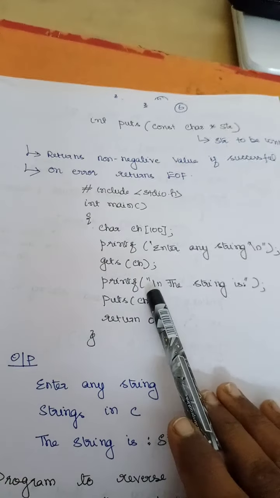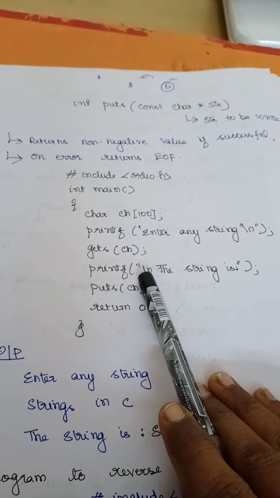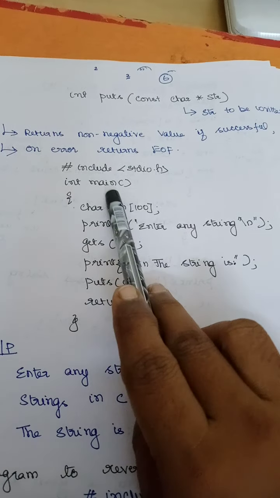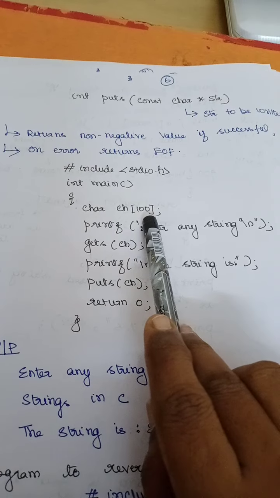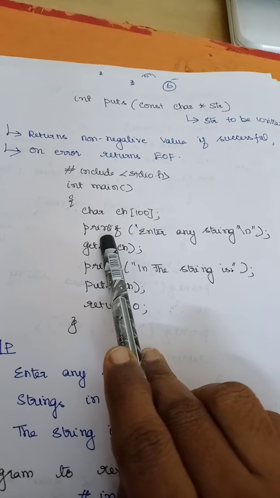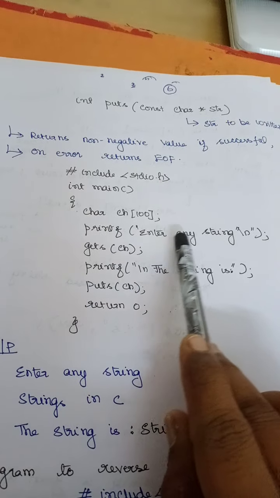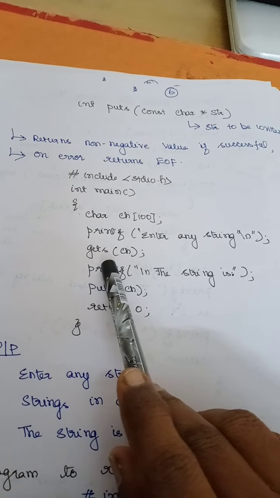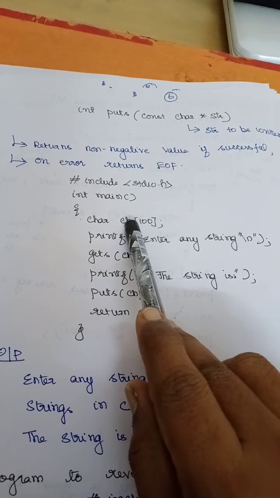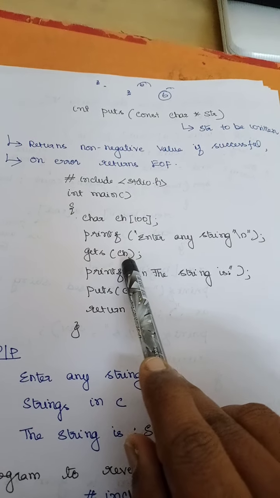We will see one sample program using your gets and puts, right? So int main, here I have declared a character array of size 100. Here I am asking for the input, printf enter any string. So here I can enter with spaces, and I am reading it into the character array ch.